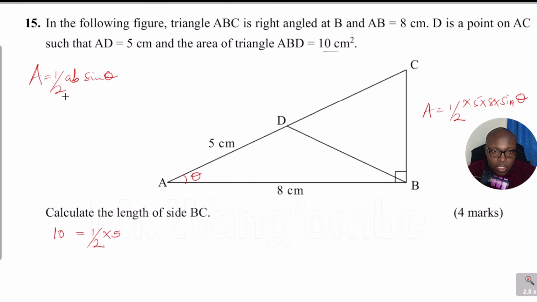That is the angle between the two given sides. A half times 5 times 8, then times the sine of the angle theta, which I've indicated there. That is what is supposed to give 10.